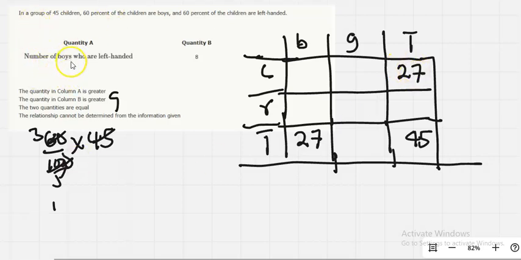When this is asking the number of boys who are left-handed, that will be this section. This section is A.